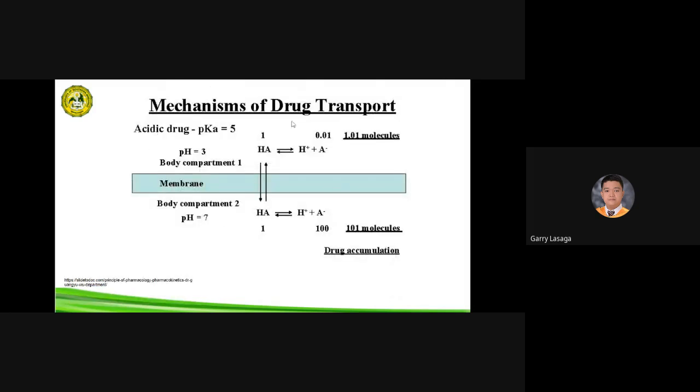Okay, we have here an acidic drug with a pKa of 5. And we have two compartments and a cell membrane. The cell membrane, or the plasma membrane, will separate the two compartments. One compartment has a pH of 3, that is acidic. The other compartment has a pH of 7, which is towards the basic side.